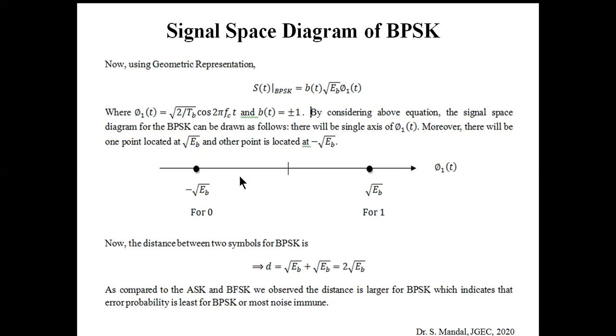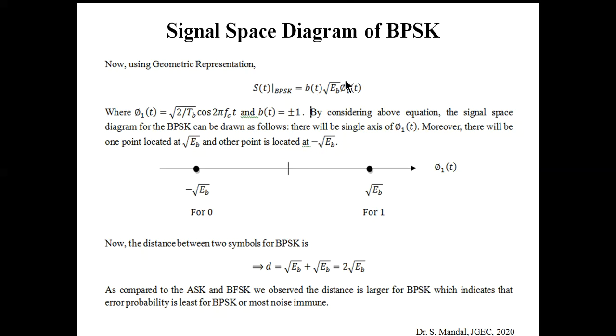So if you want to find out the corresponding energy level with respect to phi 1, we will draw an axis. For BPSK only one type of real valued function has been observed, so we have drawn only one axis. Now it can be observed that b(t) can take either +1 or -1. So for 1, the corresponding energy level is plus Eb, and for 0, the corresponding energy level is minus Eb.